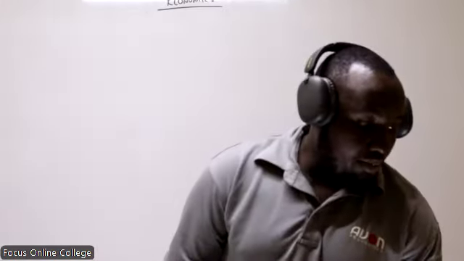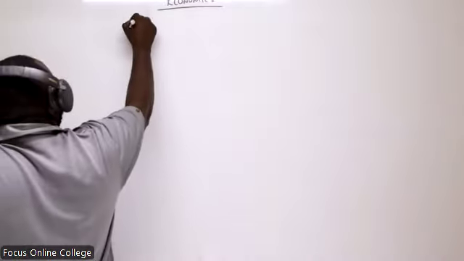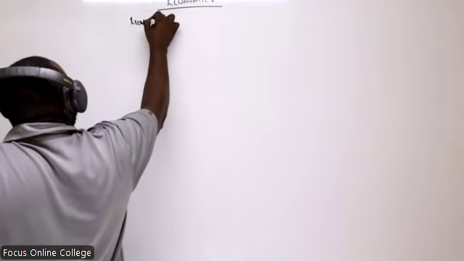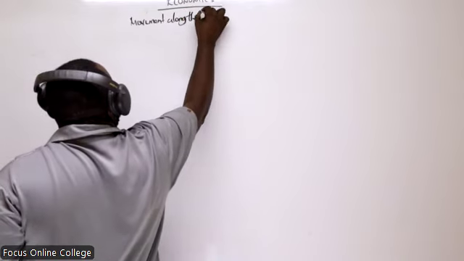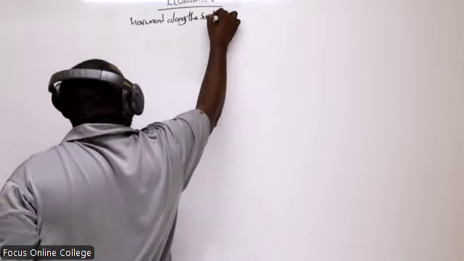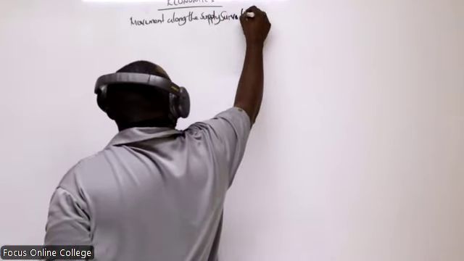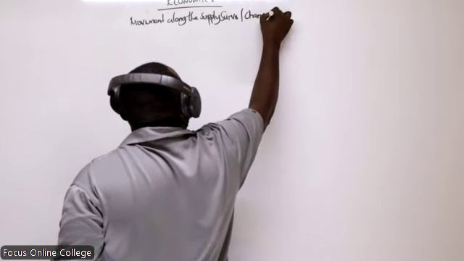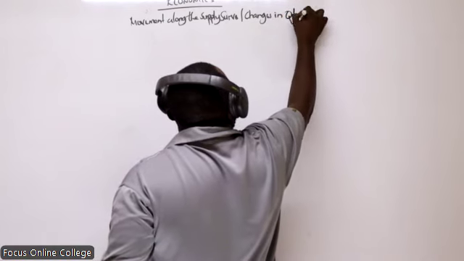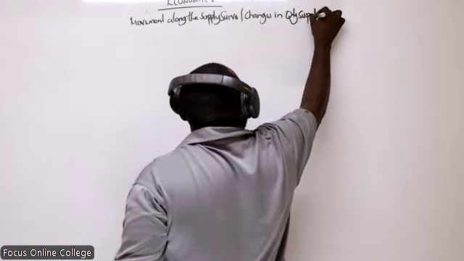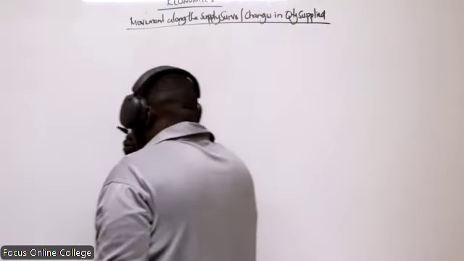So we stopped at movement along the supply curve. We call it the movement along the supply curve, and the other name for it is changes in quantity supplied.